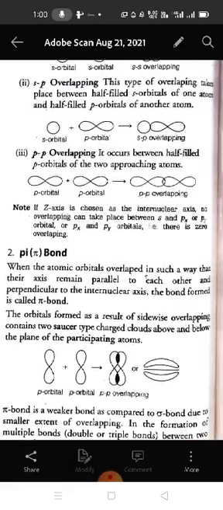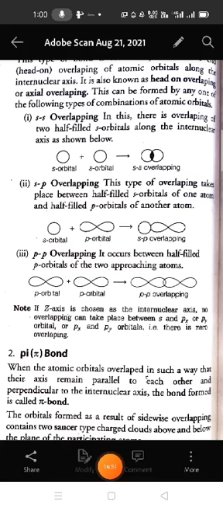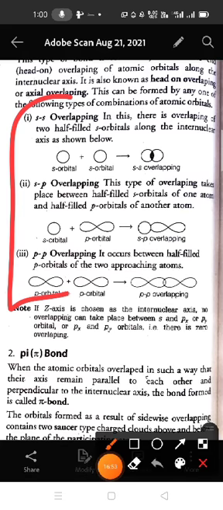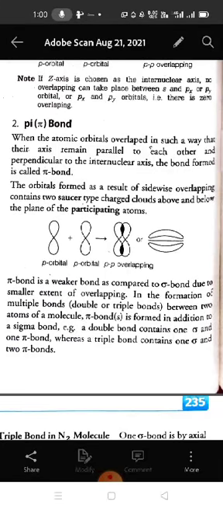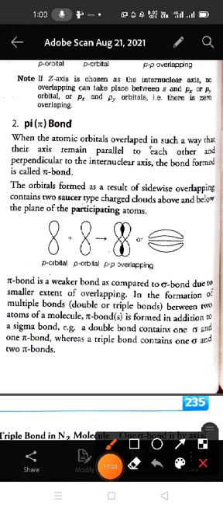So in these three ways a sigma bond can form. Okay, ss overlapping, sp overlapping and pp overlapping. Now the next term is pi bond. In a pi bond the overlapping takes place partially, or sidewise. So the atomic orbitals overlap in such a way that their axes remain parallel.